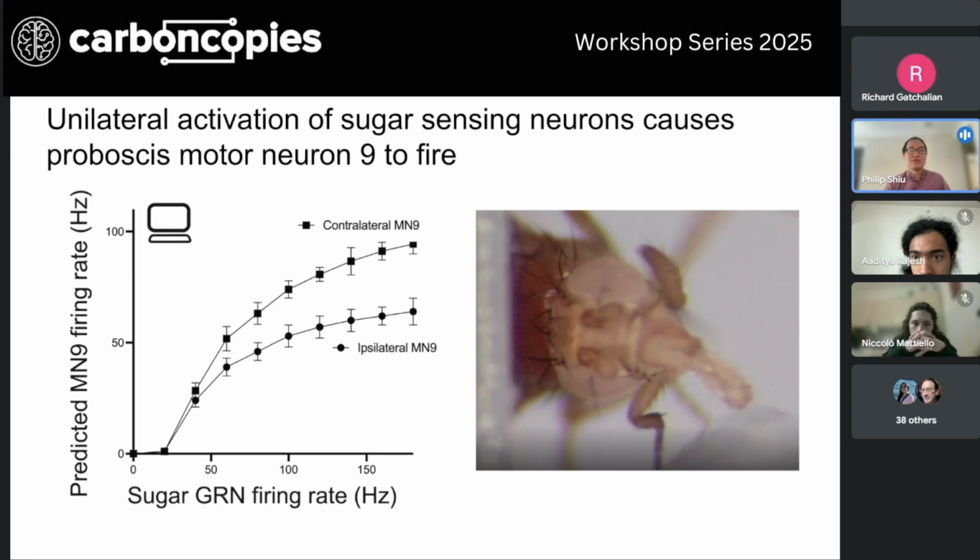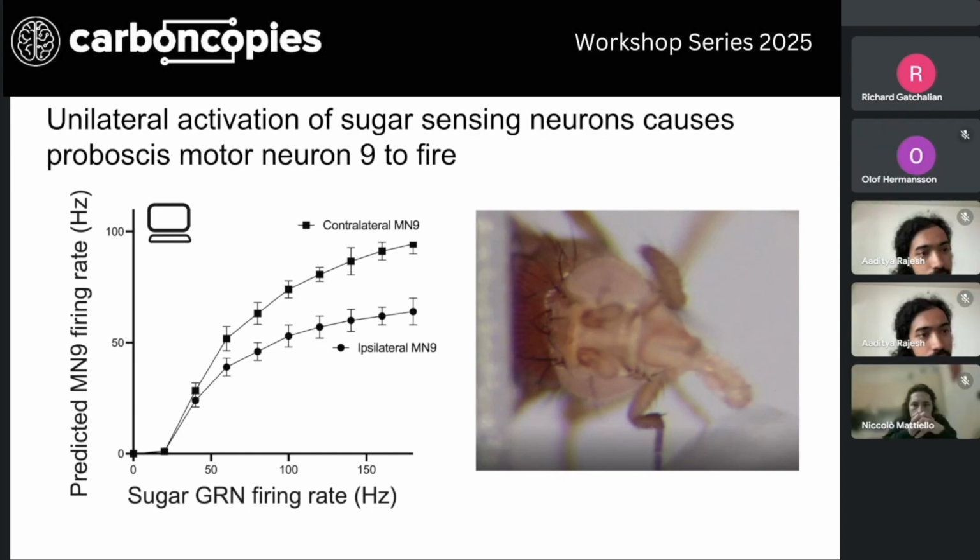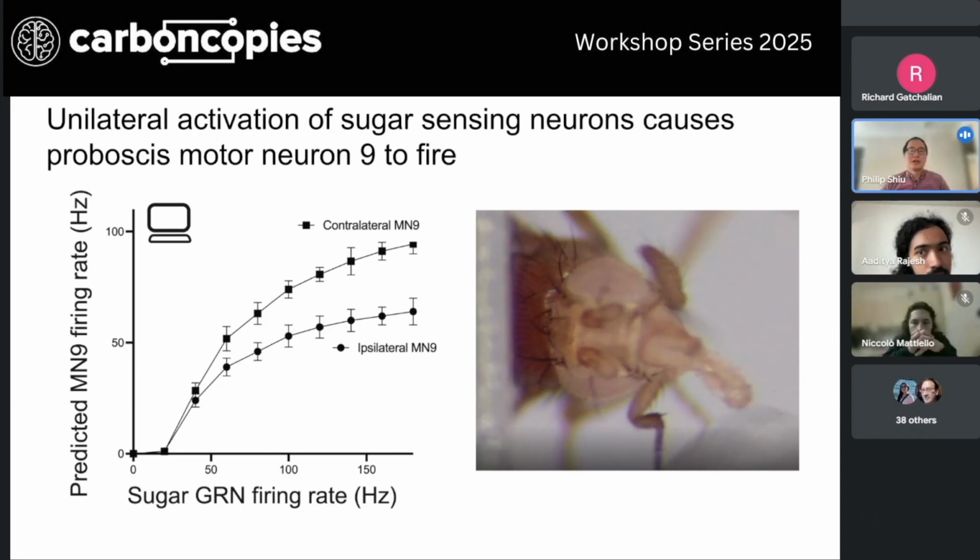And so this is exactly what you expect if the fly would generate reaching behavior, since the muscles on the opposite side of the fly's head would be more activated, and this would push the proboscis towards the side of the fly with food.